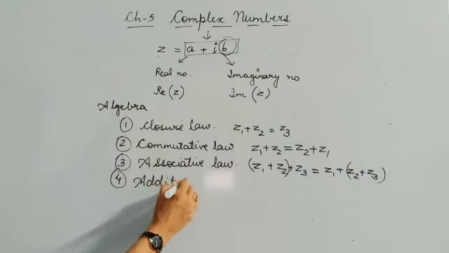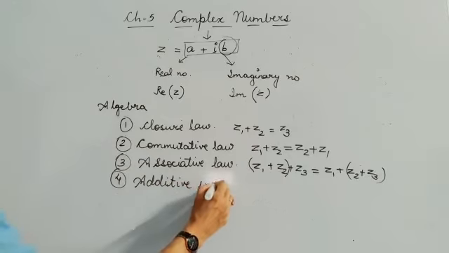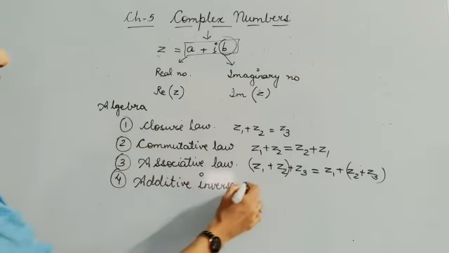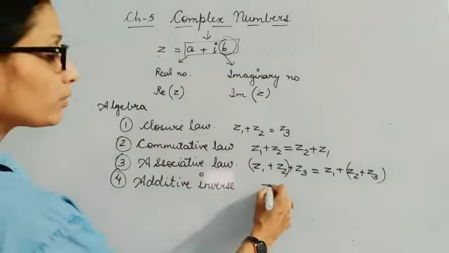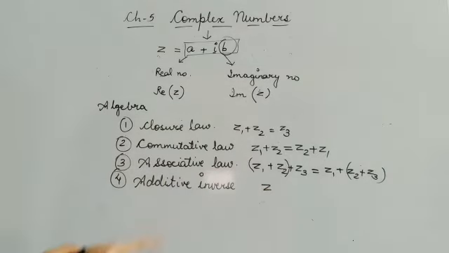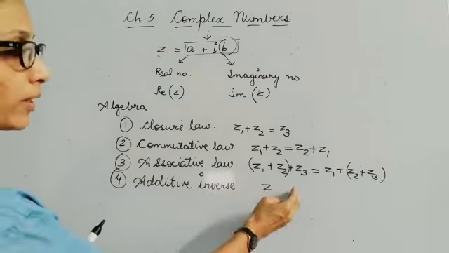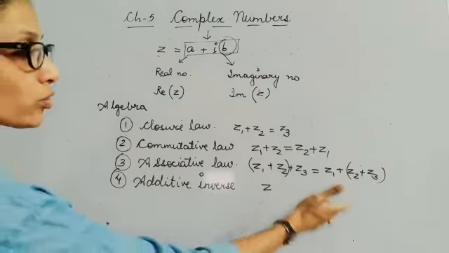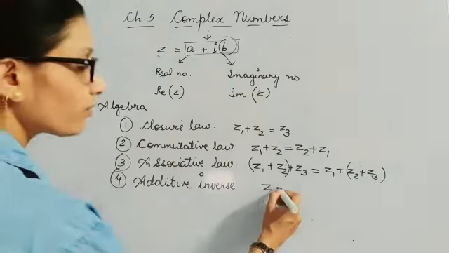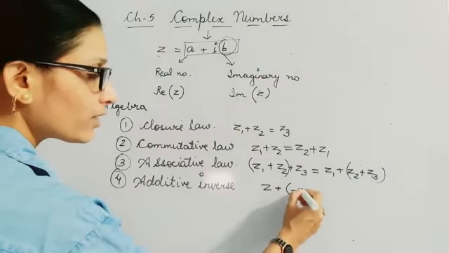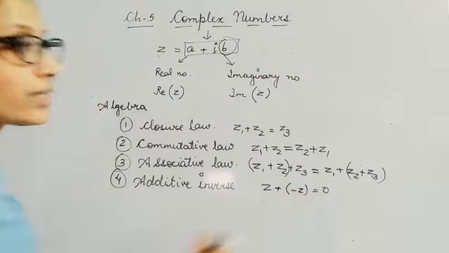And what will be the additive inverse of any complex number? That means what complex number you should write so as to get the answer 0. So if I add the negative of this, then I will get 0.